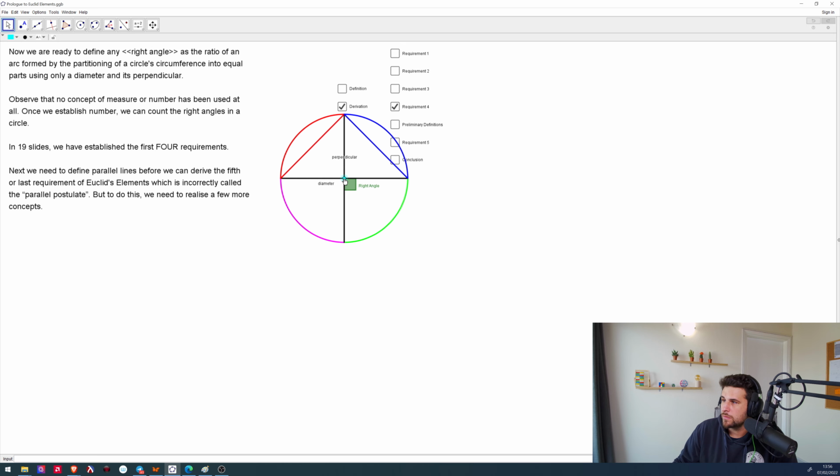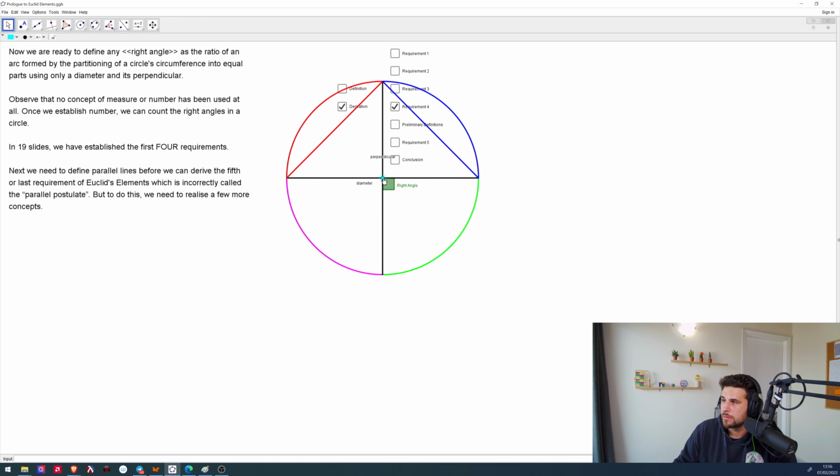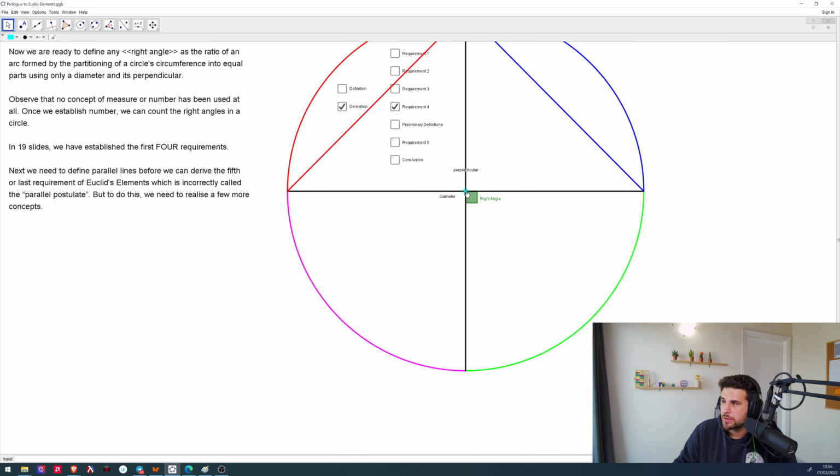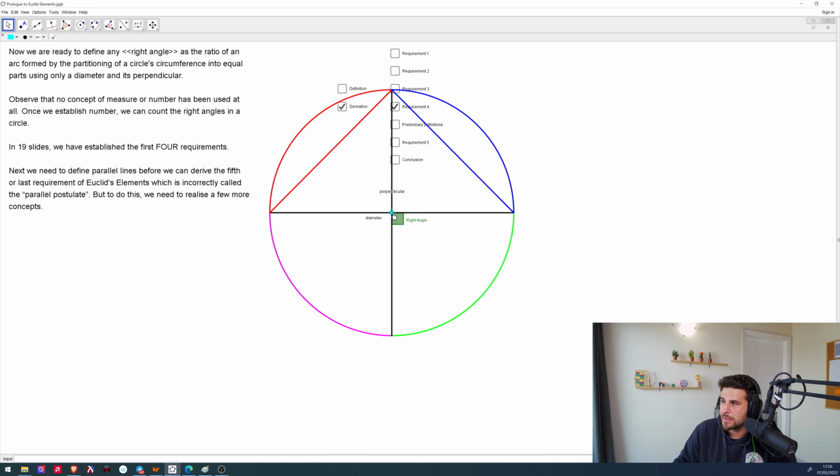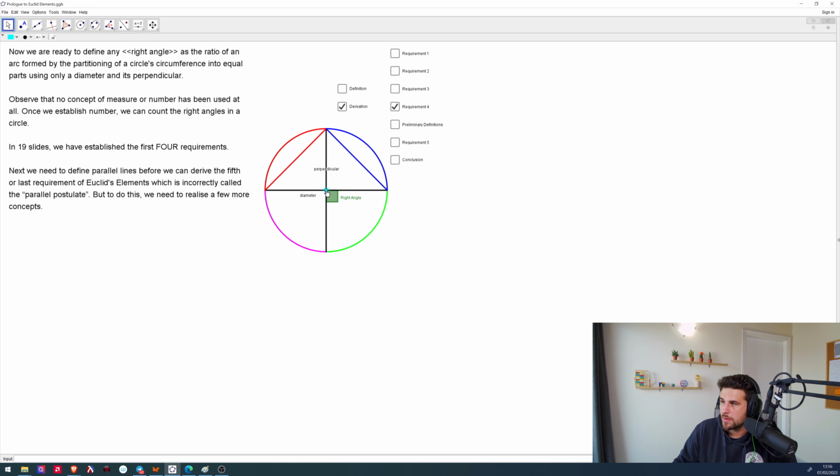So if we move this shape in any way, shape or form, if we extend these lines, this diagram always holds symmetry, and these angles always hold symmetry.